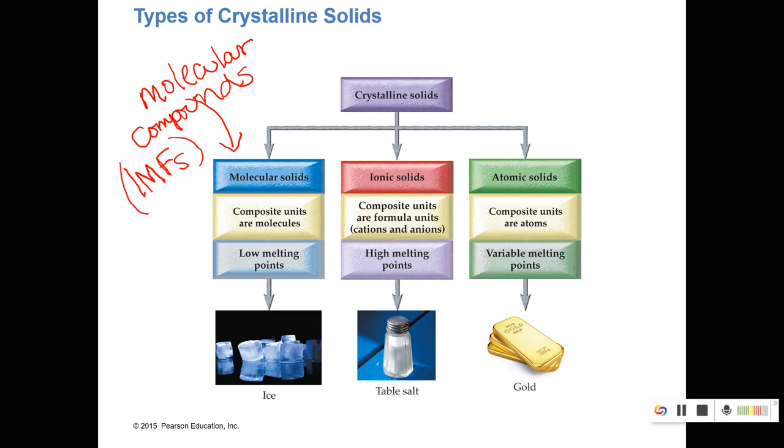So if we're talking about molecular solids, we're looking at their intermolecular forces, and relatively they have low melting points. Ionic solids, remember, are metal and nonmetal. These have much higher melting points. And then we have atomic solids where it's just a single element, and they vary in melting point because all elements have their own melting points.